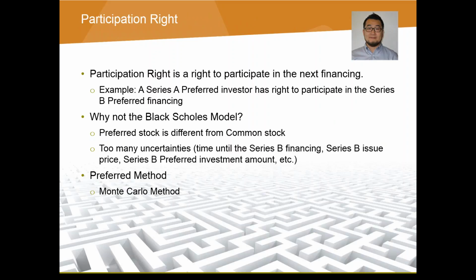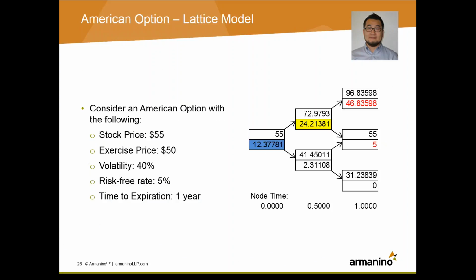Here we're looking at each time node of 6 months. Since this is a 1 year option, we have 2 time nodes. As of today, you can see the stock price is $55 on the left side, and we expect the stock to either go up or down in 6 months to stay in the range of $73 and $41.